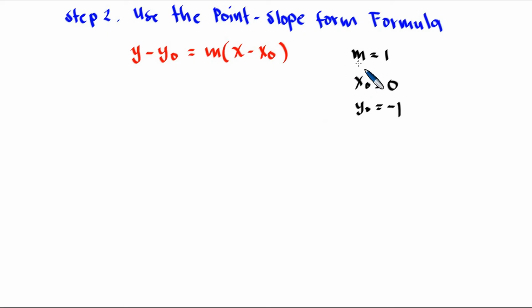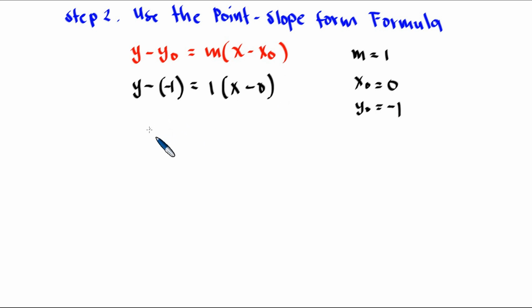We know that our m, the slope, is equal to 1, our x sub 0 is equal to 0, and our y sub 0 is equal to negative 1. So we plug in these values into the formula. That gives us y minus the value of y sub 0, which is negative 1, equal to the slope, 1, times x minus the value of x sub 0, which is 0.